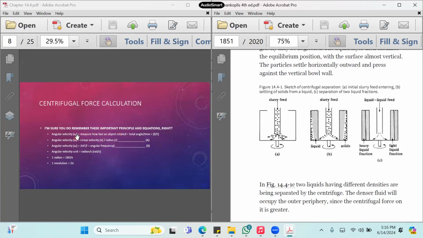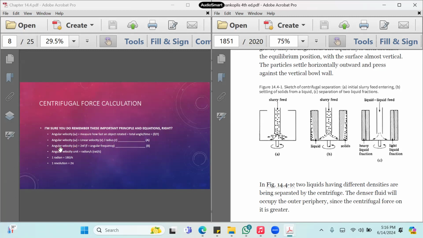So instead of a linear velocity, centrifugal force calculation requires the angular velocity. It measures how fast the object rotates, and it can be defined as total angle per time. The angular velocity can also be calculated using the linear velocity and its radius. So v over r equals omega.